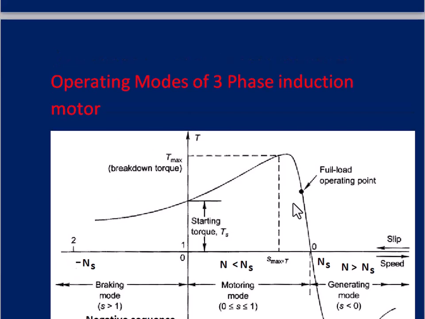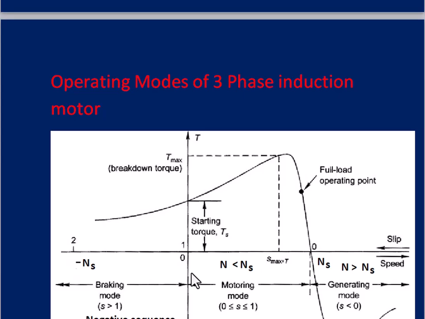And here this is the stable region, that is full load operating point, means this is the full load operating point. So from here to here, this is the stable operation of the induction motor.